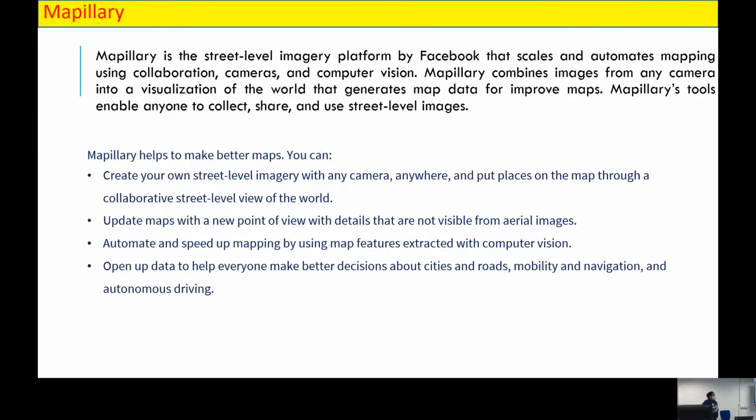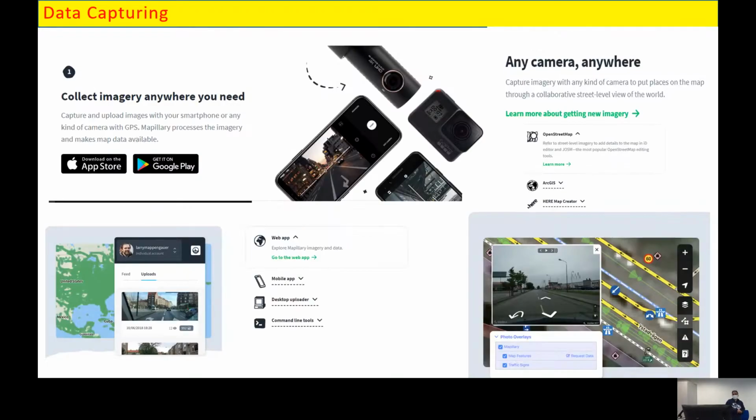The next application is the Mapillary platform. Mapillary is a crowdsourcing platform developed by Facebook, and it generates automated maps using data collected through cameras. It is not a specific camera; it can be taken by any user.